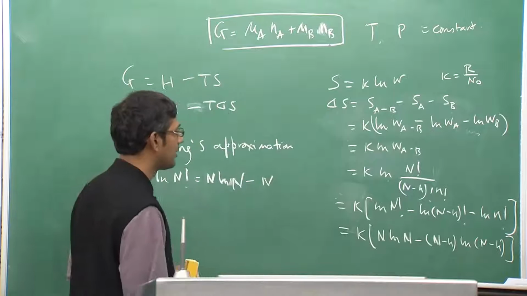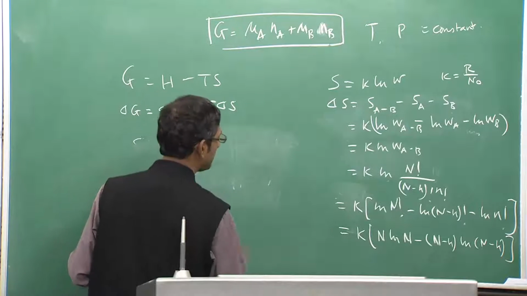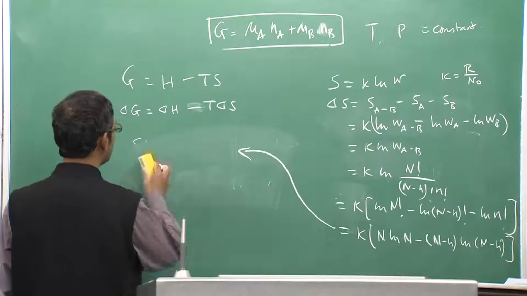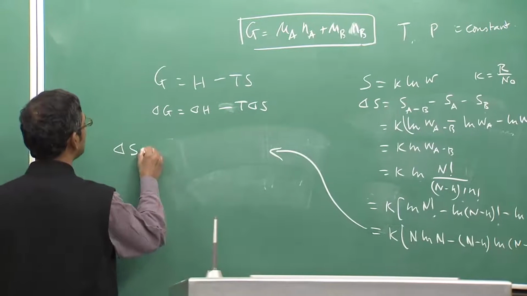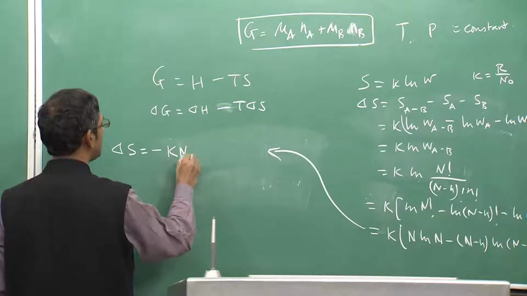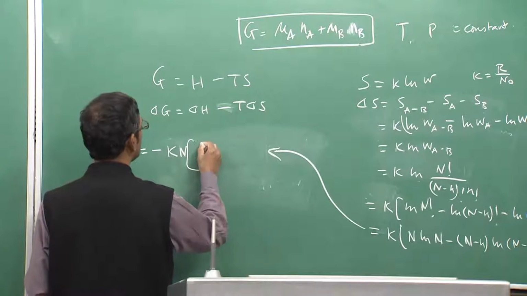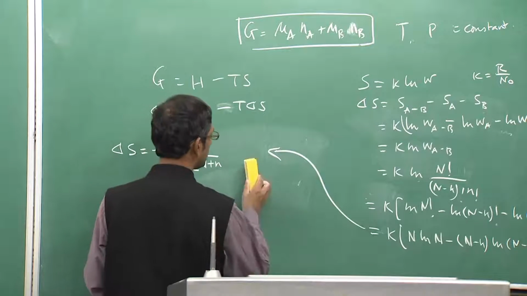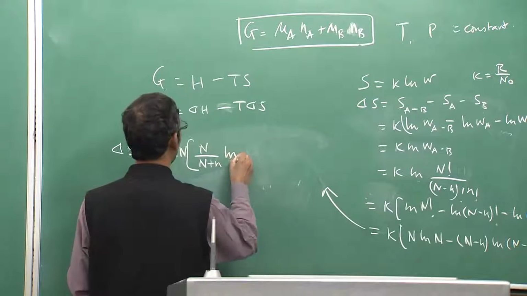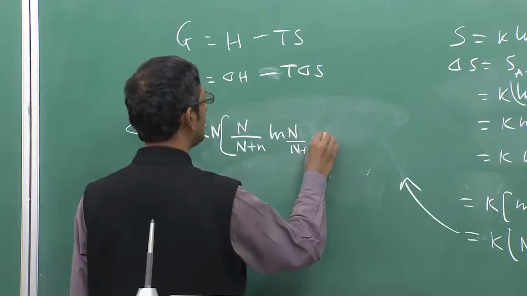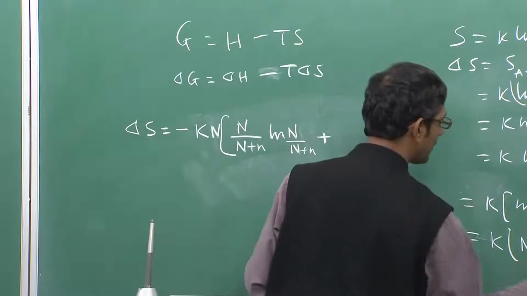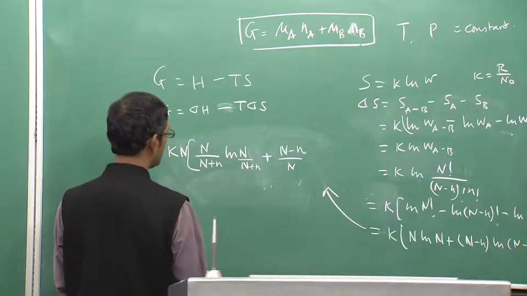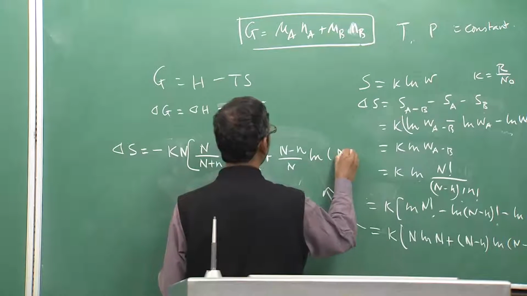Okay, you will get this, and if I simplify this, then I will get delta S is equal to minus k N [n by N log of n by N plus (N minus n) by N log of (N minus n) by N].